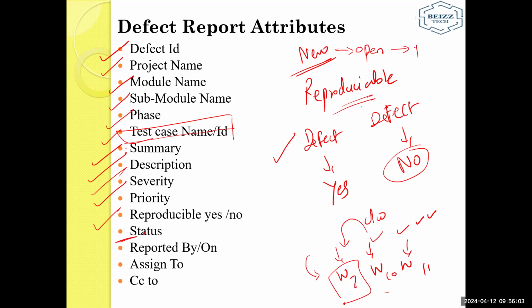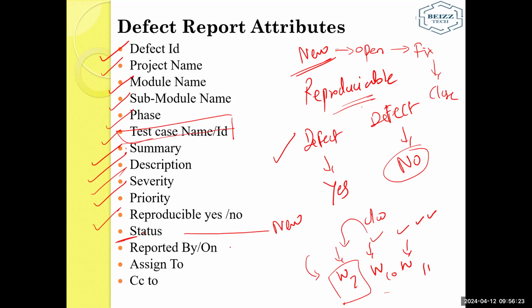After open, when the developer fixes it, it will be changed to fixed. After fixing, if it is properly fixed by the developer, then we can close the cycle, and so on. So there are different statuses available for a defect. But initially, when you report a defect, you need to just mention new.